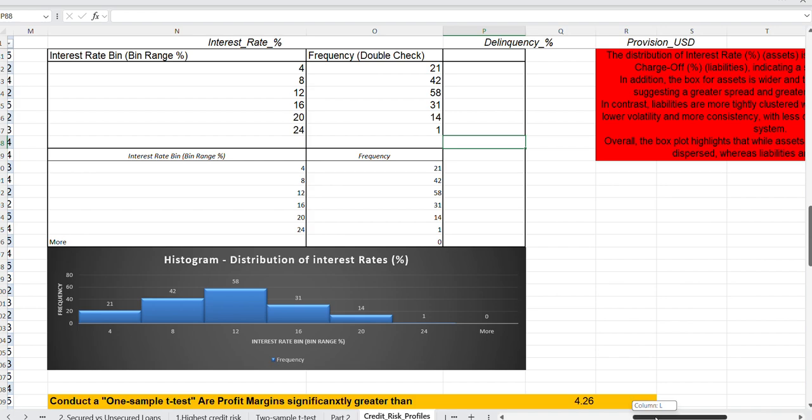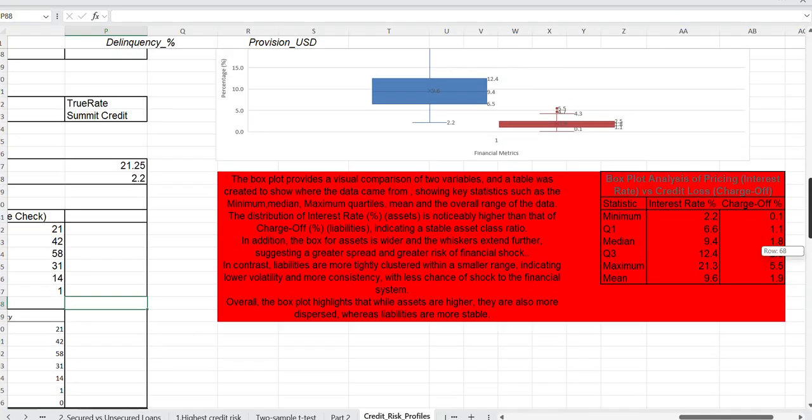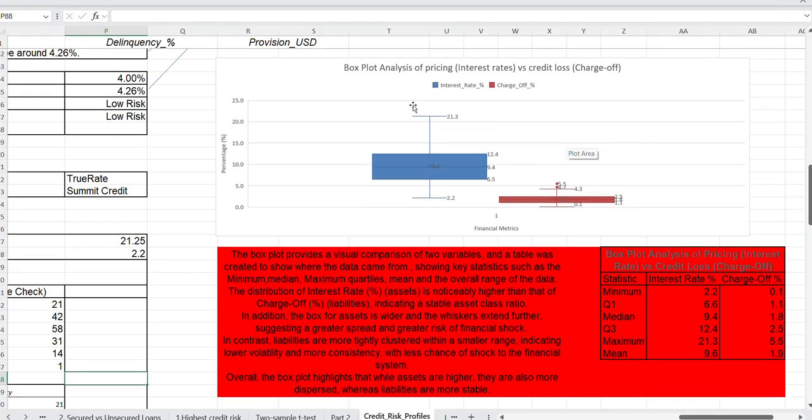Next, I created another visualization, a box plot analysis of pricing, our interest rate, and our credit loss, our written-off bad debt. I've also included an analysis here if you want to read it. But basically, just look at this box plot. You don't have to look at the numbers, just the nice bright colors. You can see the interest rate gives a good profit margin and there's a big space here. So it's not like we are losing lots of money to bad debt.